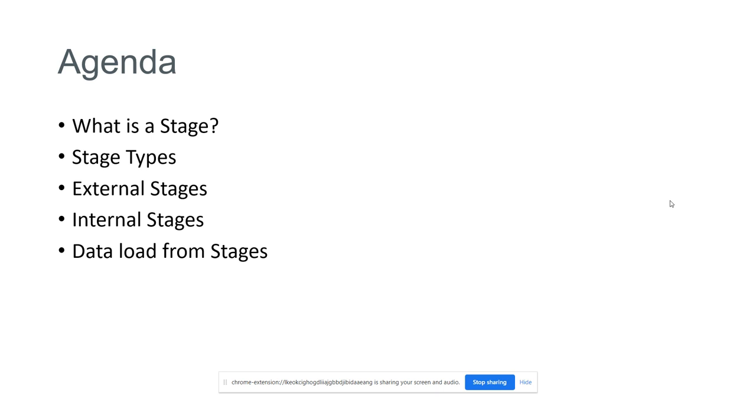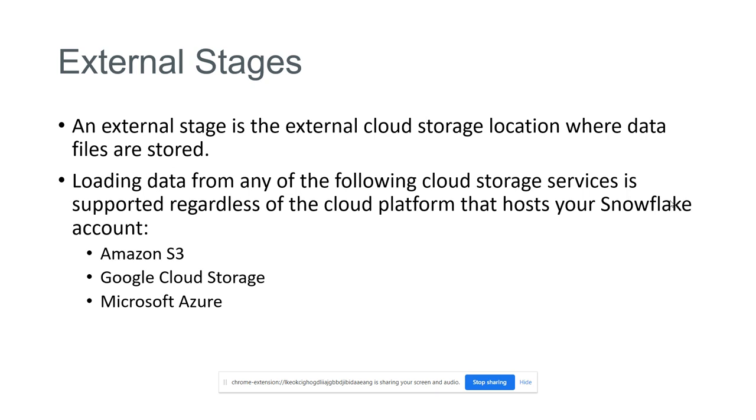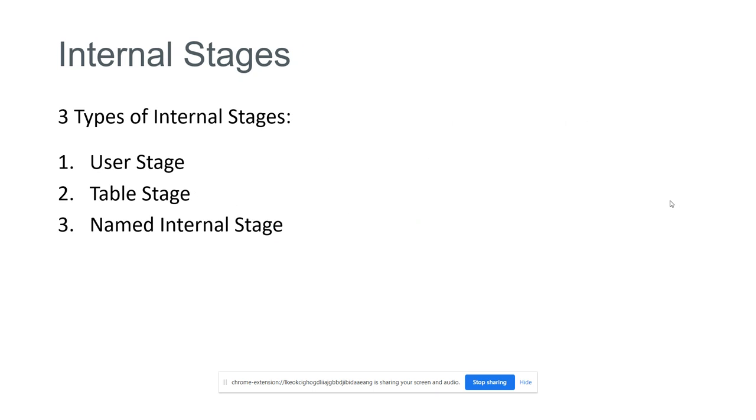So today I will explain about internal stages. What is meant by internal stage and how we can use them? As I discussed in my previous video, external stages are useful when the data files are available in cloud storage providers like GCP, Azure or AWS.